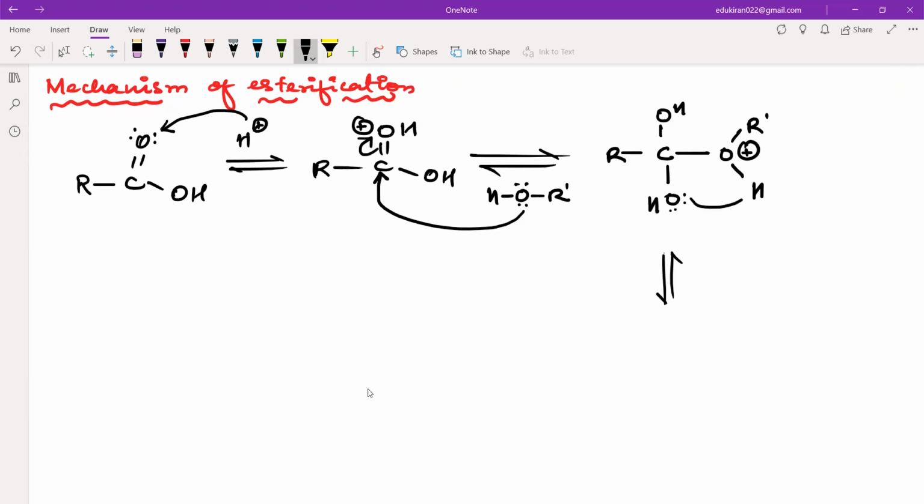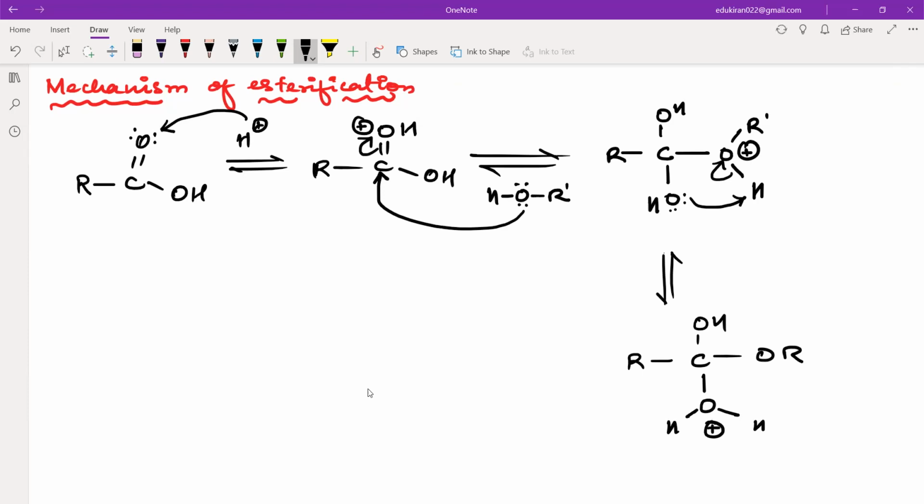It is going to attack this hydrogen because it is very electron deficient. And we are going to make R C OH, and this electron is going to shift towards oxygen. You will get OR, and here you are going to get oxygen, hydrogen, and then a positive charge.